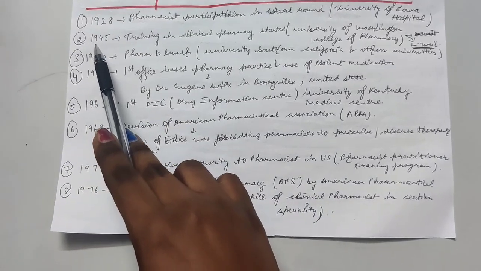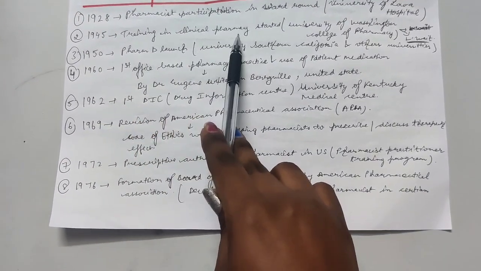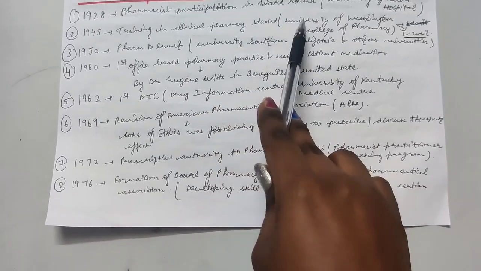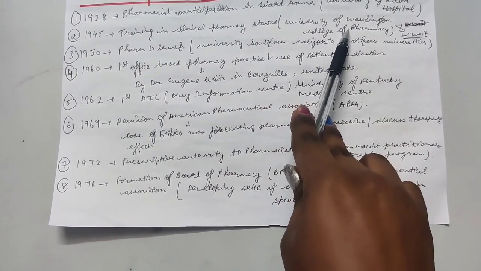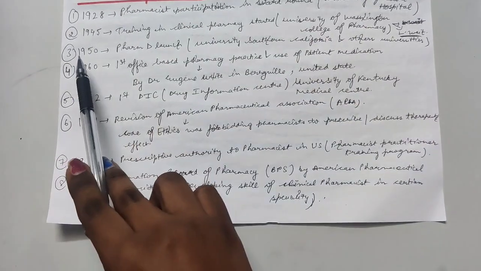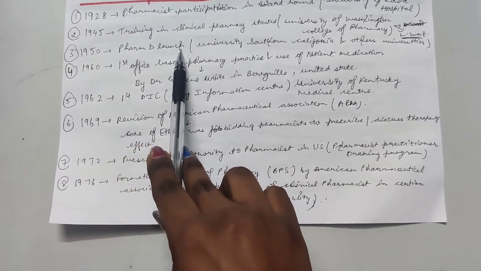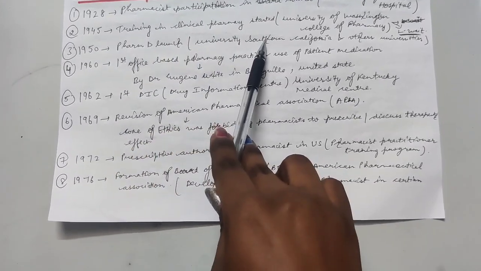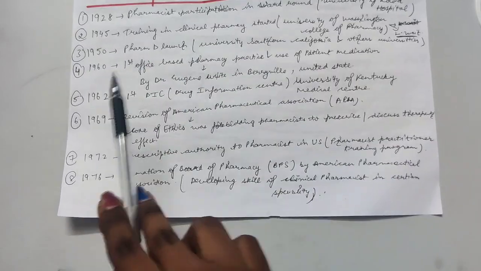In 1945, training in clinical pharmacy was started in the University of Washington College of Pharmacy by L. Waite. In 1950, PharmD was launched in the University of Southern California and other universities.